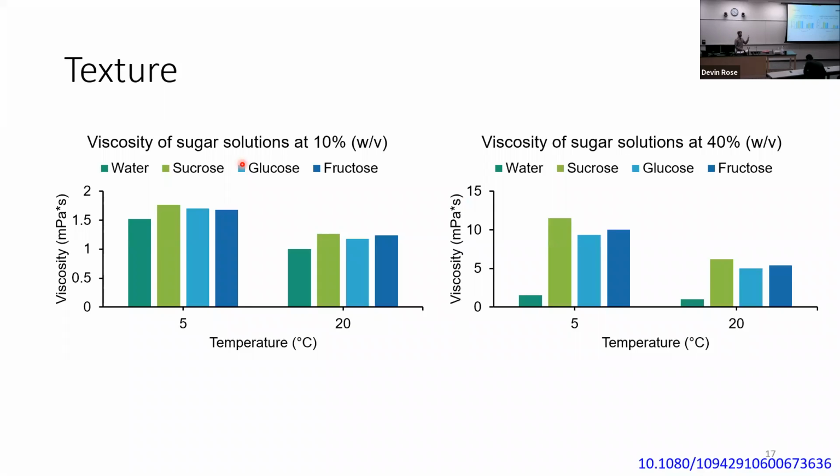Okay, so texture is another property that sugars impart to foods that's very important. So they provide texture to beverages. So we would usually call that not texture, but body. So they provide body to beverages.